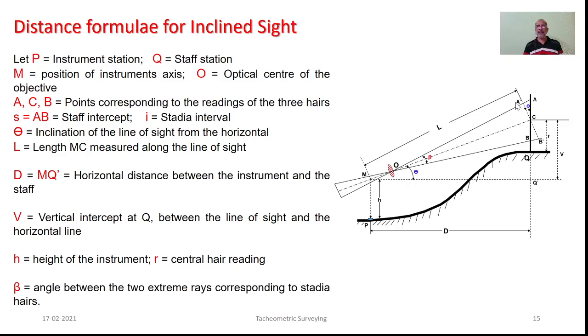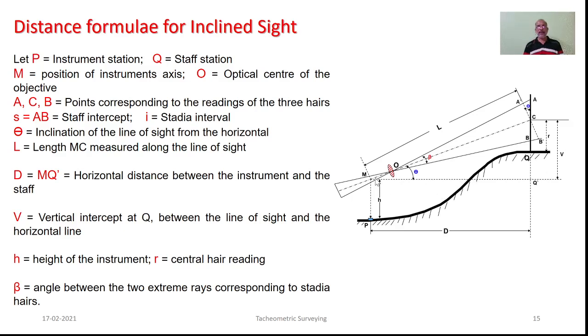Capital L is nothing but the distance measured along the line of sight. Capital D is MQ dash, which is the expected horizontal distance between the instrument and the position of the star. V is the vertical coordinate up to the axial hair with respect to the horizontal plane.